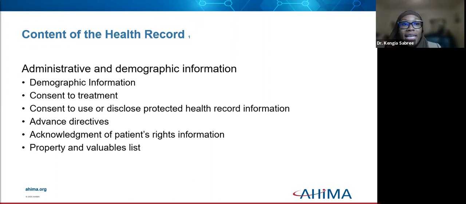So you might also see a properties and valuables list located in the medical record. Although facilities encourage patients to leave their jewelry and other valuables at home, patients will often come with jewelry and dentures and eyeglasses and hearing aids and other personal artifacts.